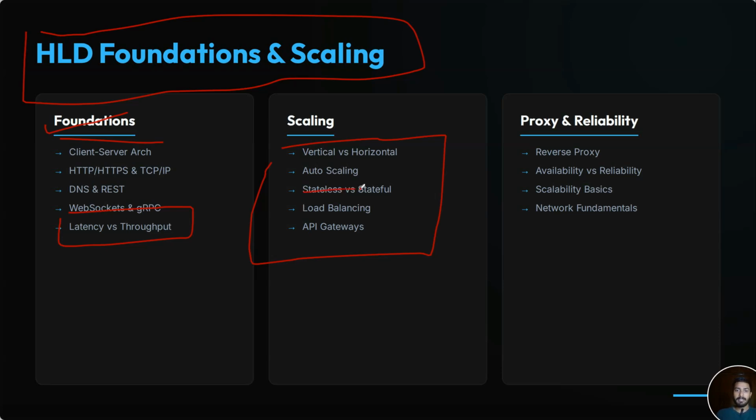Then stateless and stateful servers. Then load balancing, and also API gateways, which are important at the entry point of any request. Apart from that, we'll cover reverse proxy, availability versus reliability, scalability basics, and then network fundamentals. So these are the concepts we are going to cover in the HLD topic.